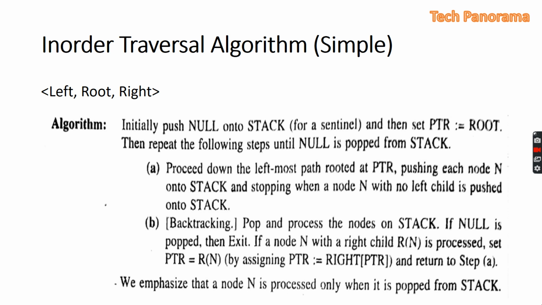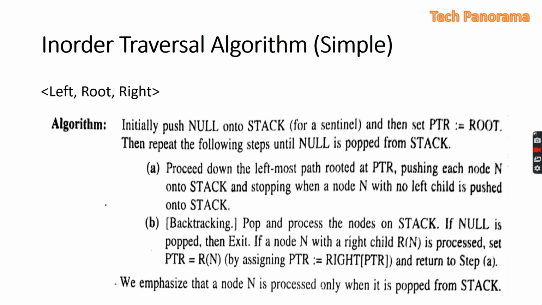According to the in-order, first we will traverse the left tree, then root, then right subtree. So the left tree will be processed in the same way as the in-order. We will move along the leftmost path of PTR, pushing each node onto the stack, and the pushing will stop when there is no left child.